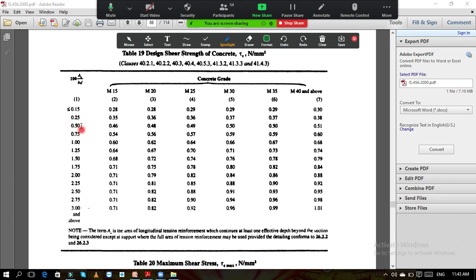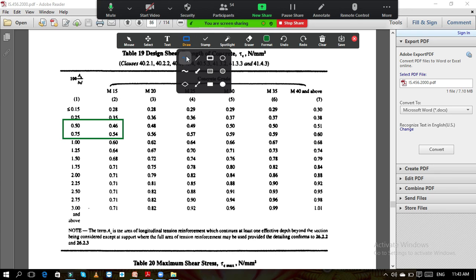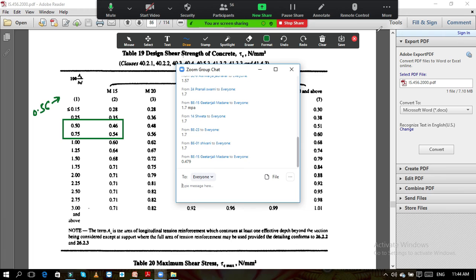So our value will lie between these two values, 0.50 and 0.75. For M15 the values given over here are 0.46 and 0.54. We should see these four values, and we want the value for 0.56. Do the interpolation. The answer is 0.479, which I will take as 0.48.